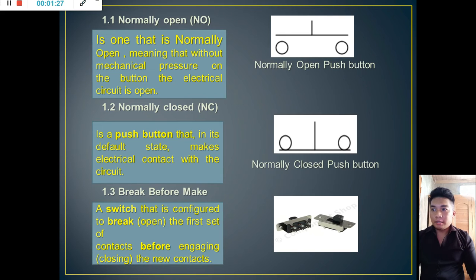Break before make is a switch that is configured to break or open the first set of contacts before engaging or closing the second contact. So this is normally used if you have a generator.